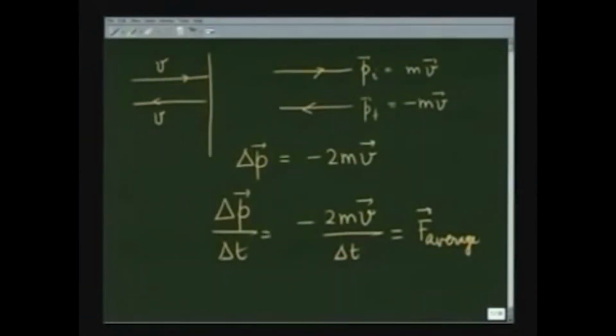So this is, I'll call it the average force. I'm calling it the average because I don't really know how it changed with time. If the wall has applied that much force to the ball, the ball also has applied equal and opposite force on the wall. So a ball hitting a wall applies a force on it.